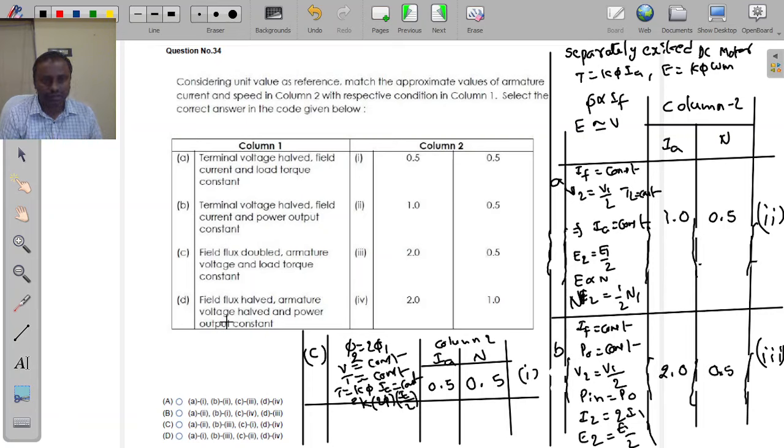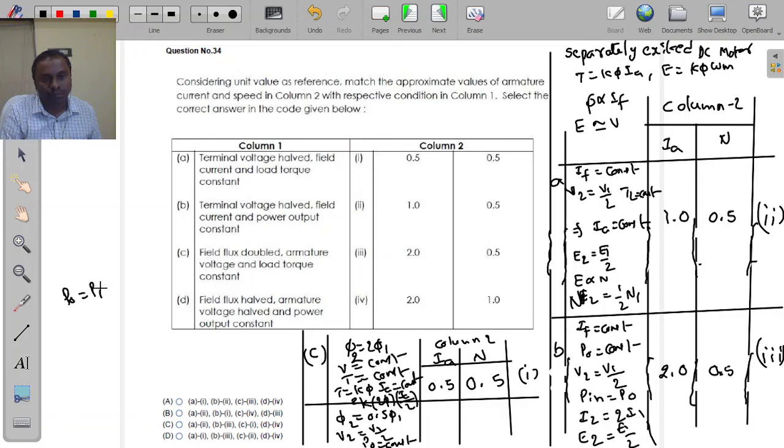Now the last one: field flux half, that is phi 2 becomes 0.5 phi 1, and voltage half, power output constant. So V2 becomes half of V1 and power output is constant.